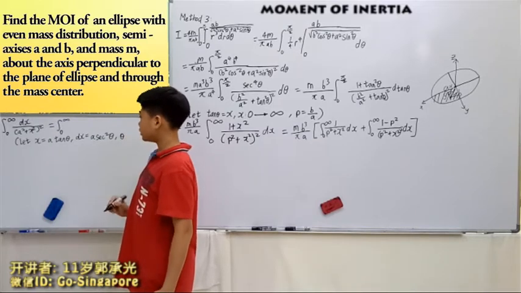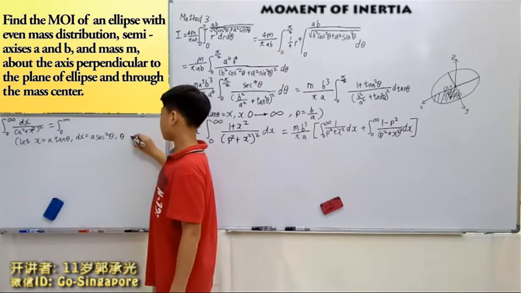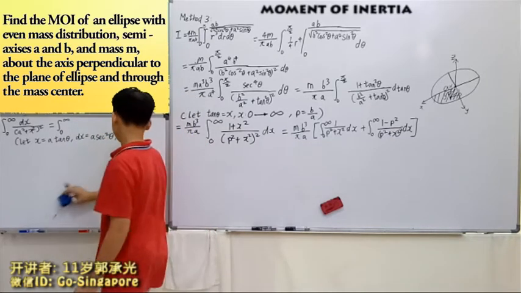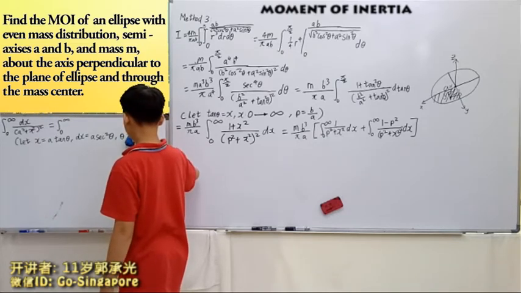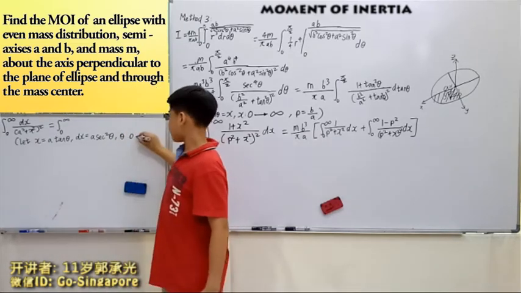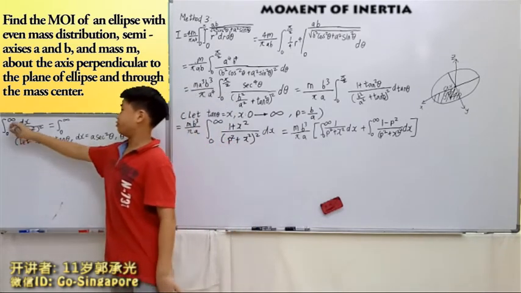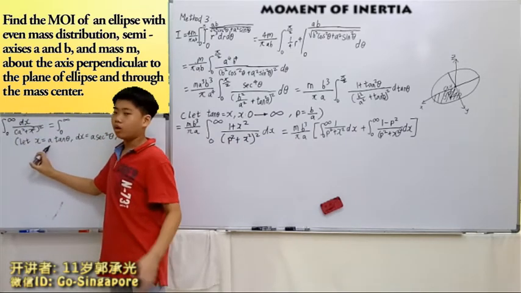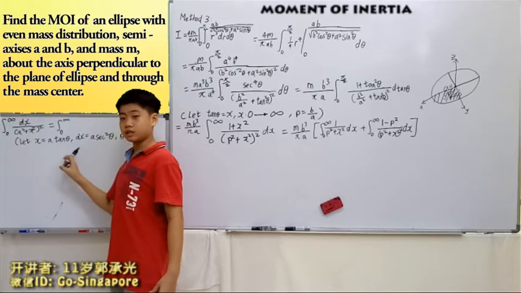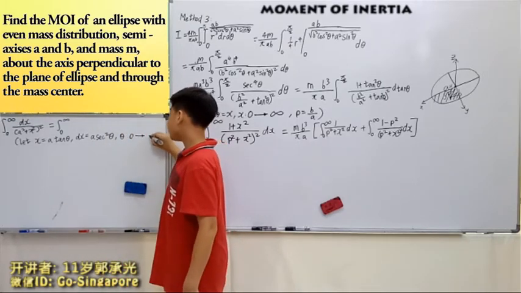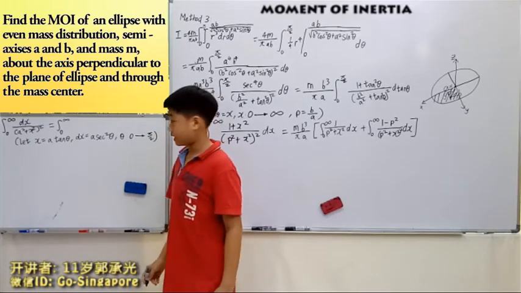Then theta's range: when x is 0, tangent theta would be 0. Then it would be all the way to infinity. A, no way to be infinity. So we have to make tangent theta an infinity. Then to make that an infinity, theta will now go to half pi.